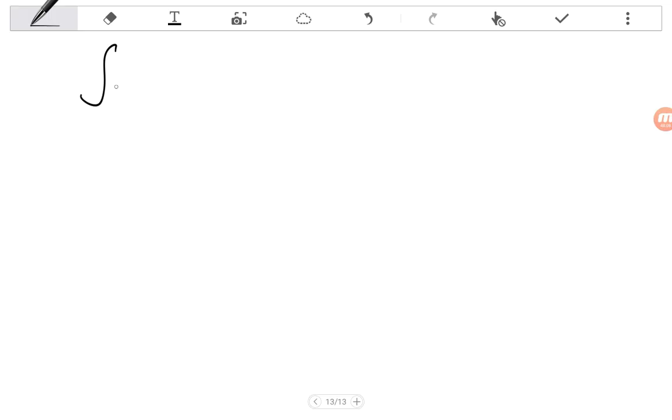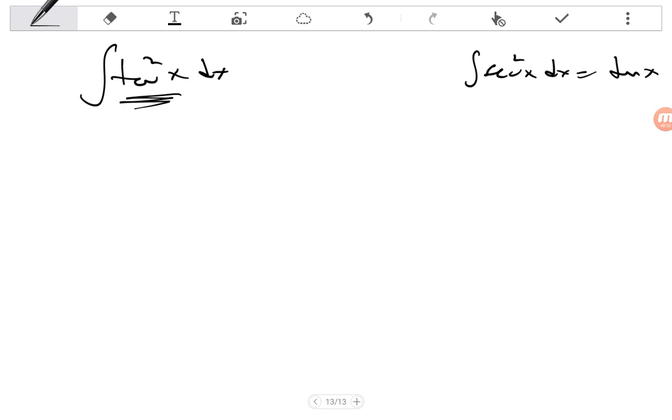Also, if I had integration of tan squared x, tan squared is not in the table, but I have something maybe near to tan squared, which is sec squared. I have a rule for sec squared, it is tan. Can we find a formula to express tan squared in terms of functions whose integration I know?